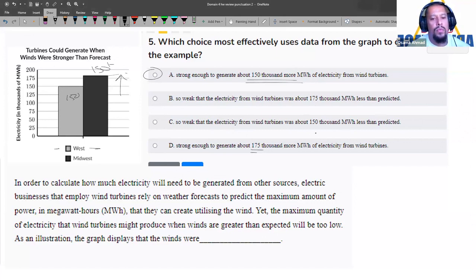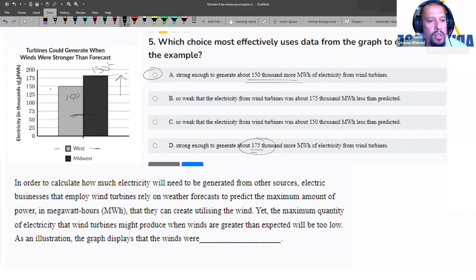So can I ask you a question? Ask ahead. Here he said that in answer A, strong enough to generate about 150,000 more MWh of electricity from wind turbines, right? Wind turbines is west? No, it's both. Electricity, so thousands, yeah. Why is D wrong?